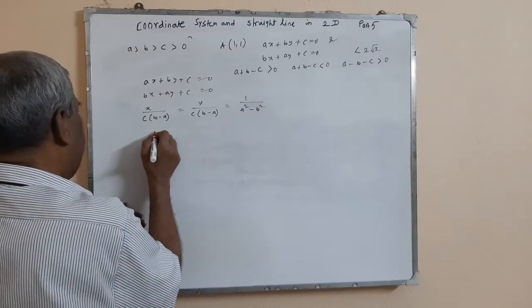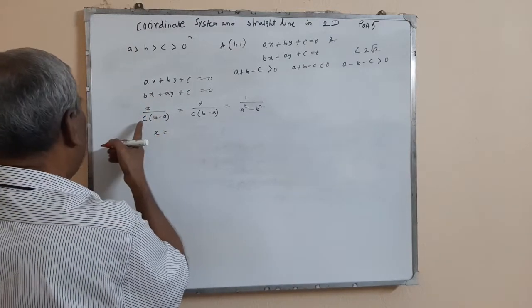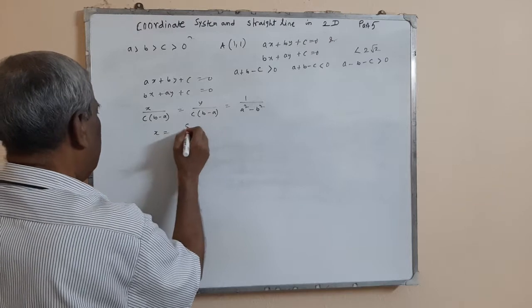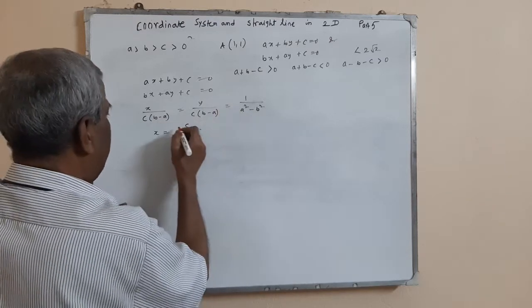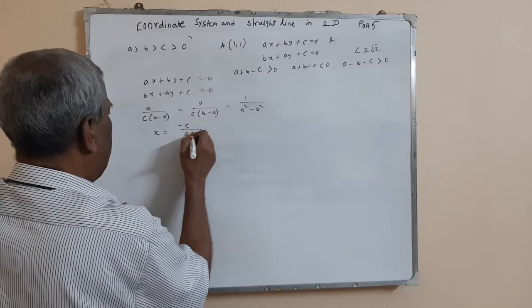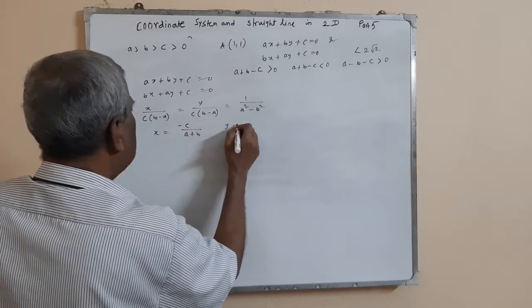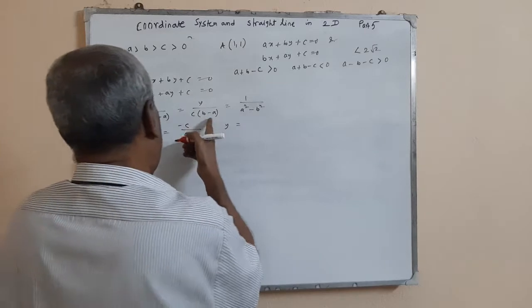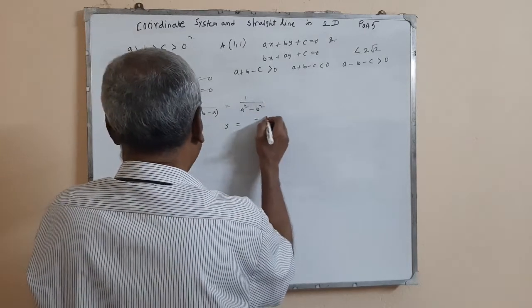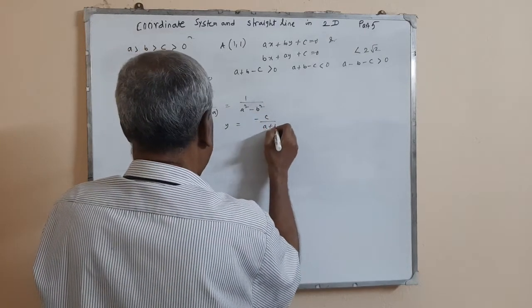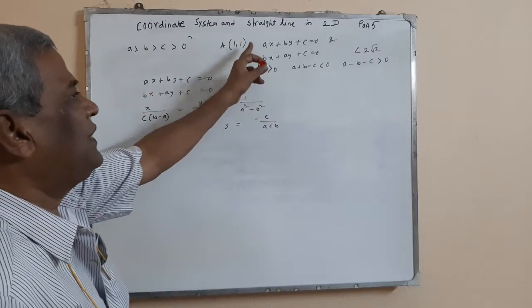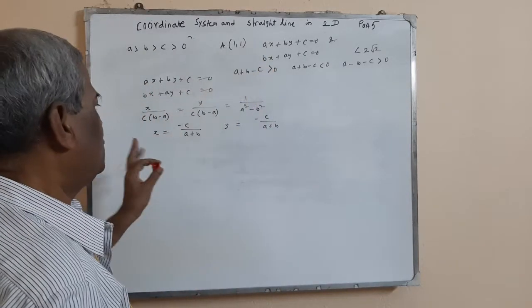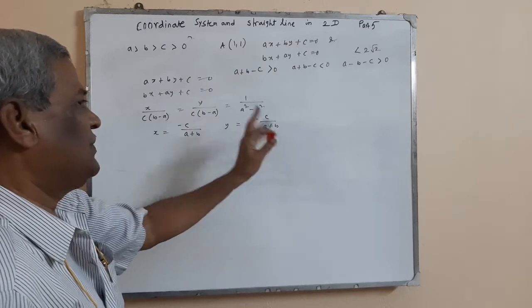So that X is equal to C by B minus A, which will be cancelled with a negative sign, so minus C by A plus B. Y is the same thing, minus C by A plus B. This is the point of intersection of this and that.